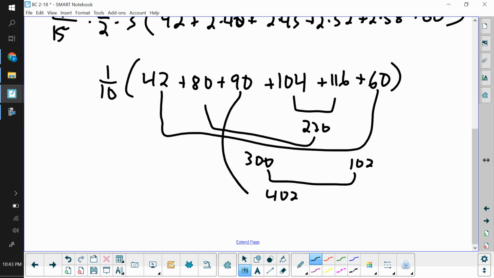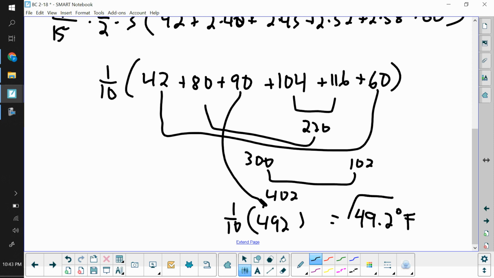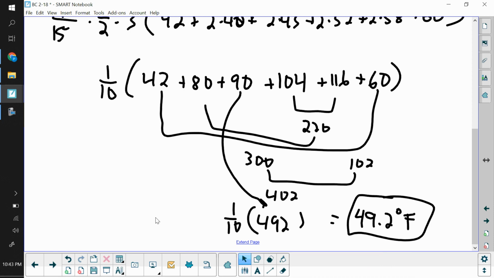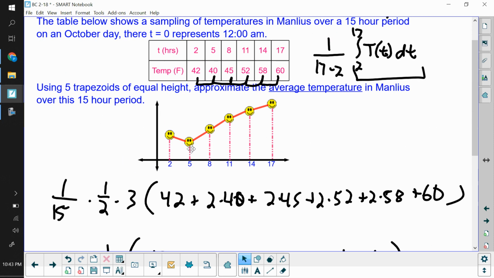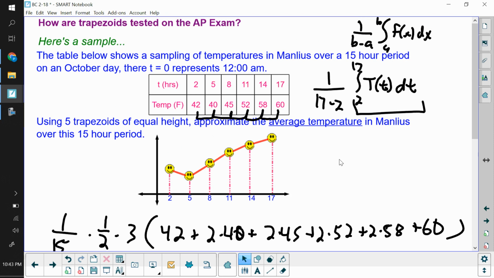And then I still had the 90 to go, so you had 492 times 1/10, which would give us 49.2 degrees Fahrenheit as our average temperature. So again, that combined two different topics from this unit: average value, doing our 1 over b minus a in front of the integral of the function, and then because it was from a table, the best we could do is approximate it with the trapezoid formula.